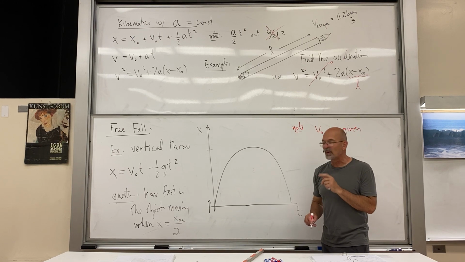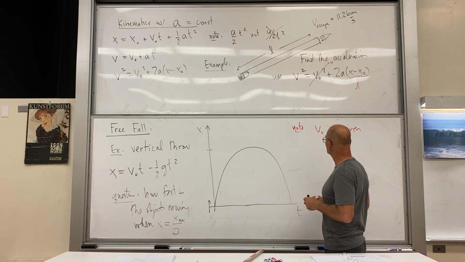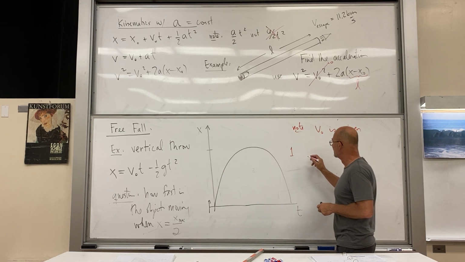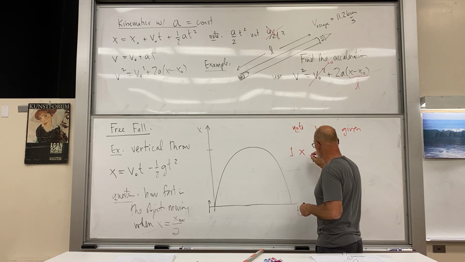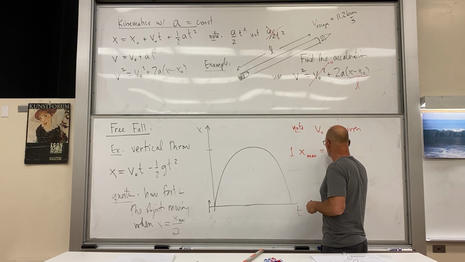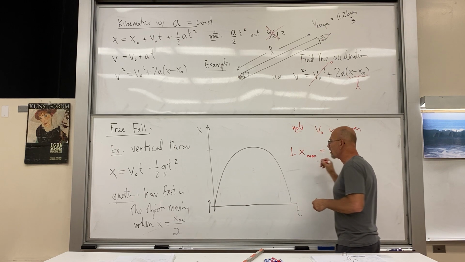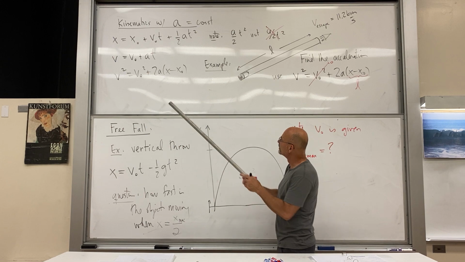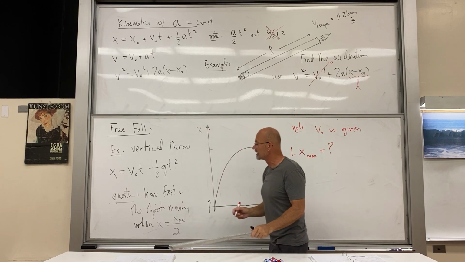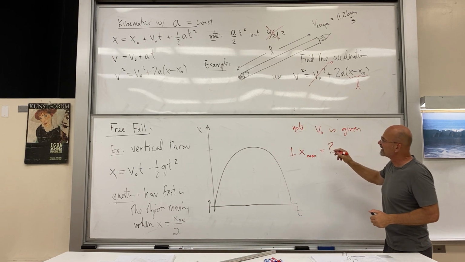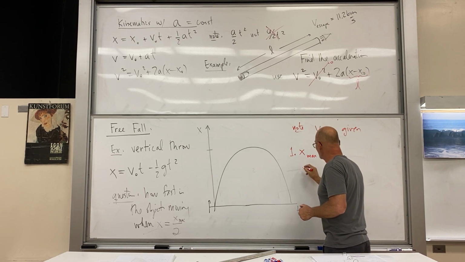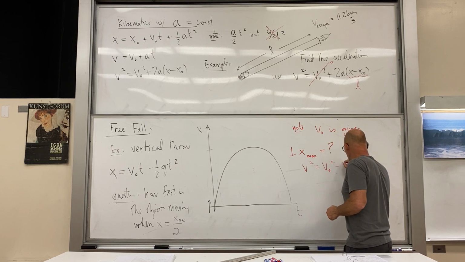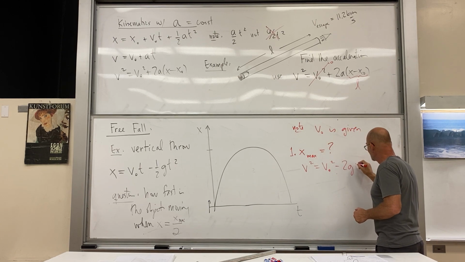Okay, so there would be a couple of ways to discuss this here. We could say x max, so we could solve for the maximum height first. And that would bring us to this equation once again. If we want to find the maximum height, we have from v squared equals v0 squared minus 2g.